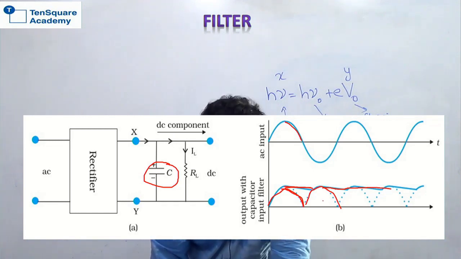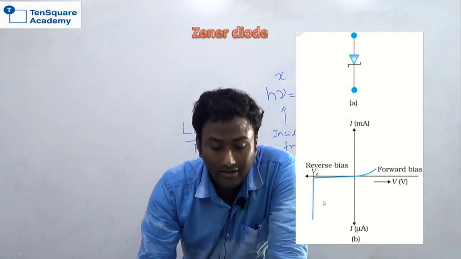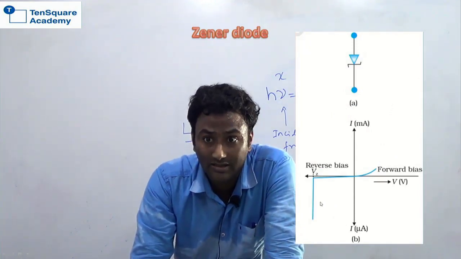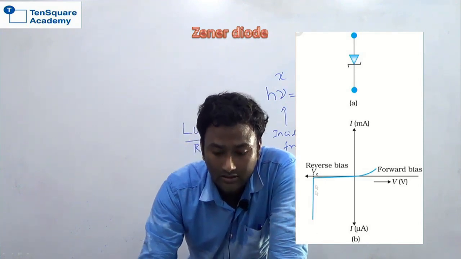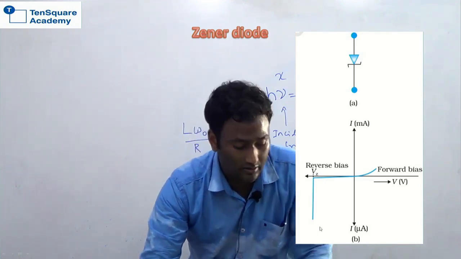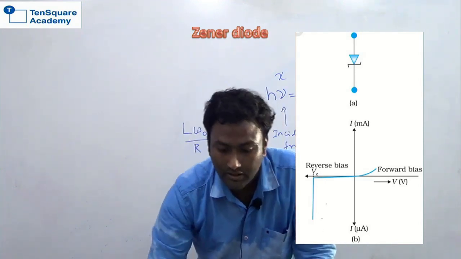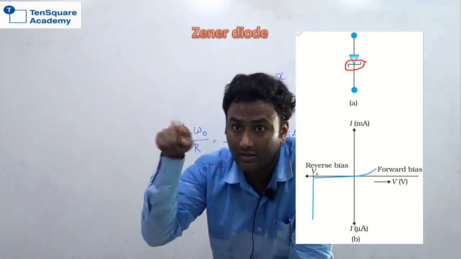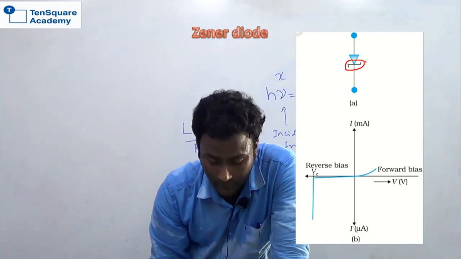This is the filter. And a Zener diode, we just need to keep in mind, a Zener diode always works in reverse bias. That is why the reverse bias is drawn, and the Zener diode is different from a diode by this. So, if you could see the symbol, that is different for a Zener diode.